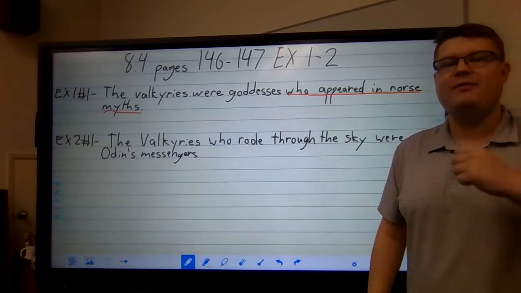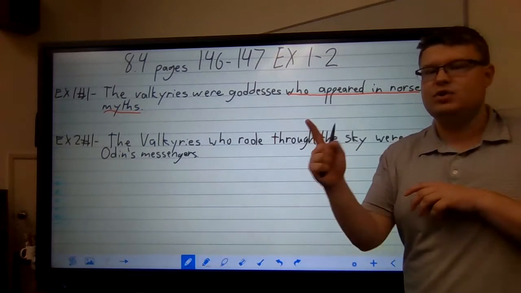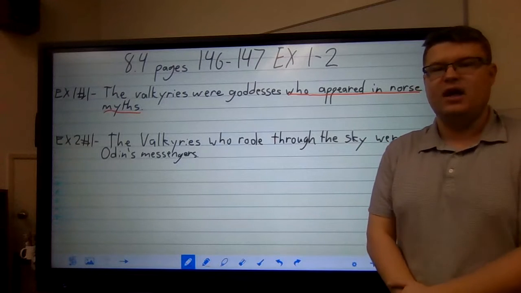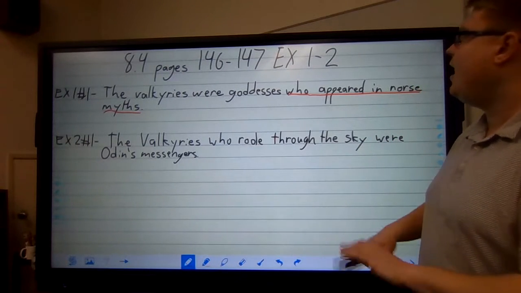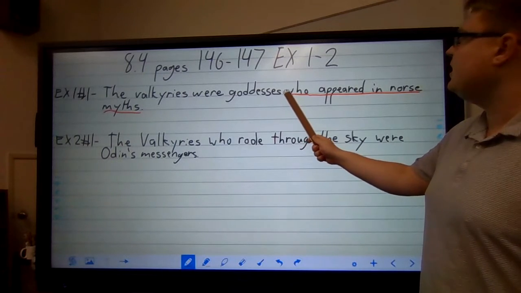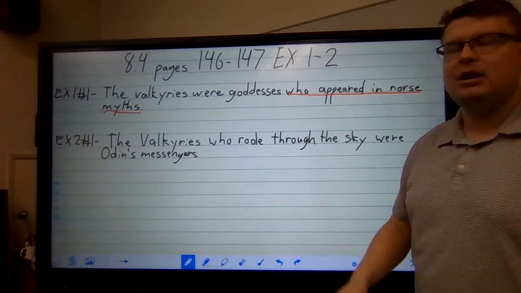Next, after you have written that, you will then tell me whether this is a restrictive or a non-restrictive clause. If we look, do we see a comma between goddesses and who? No. Is goddesses capitalized?